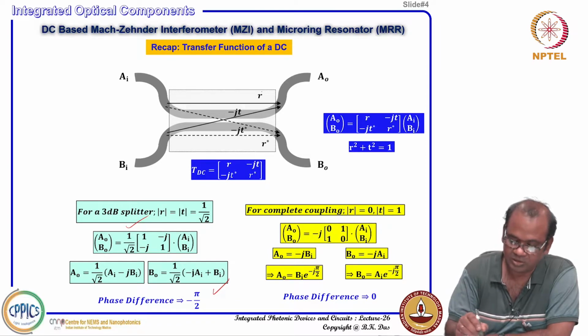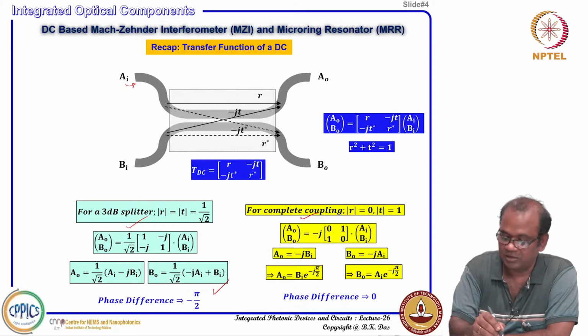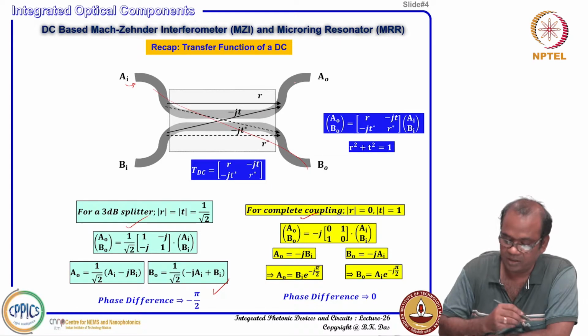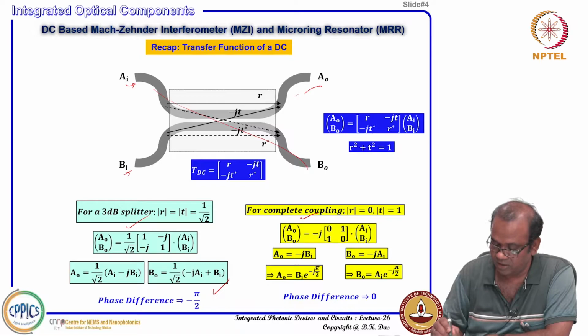But if you are considering this directional coupler for complete coupling, that means if you launch input here, everything should come down to here, that means R should be equal to 0. And if you launch here, everything should be coupled here, that means there also R star should be 0. So, we consider for complete coupling R equal to 0, T equal to 1, that means transmission completely happens.